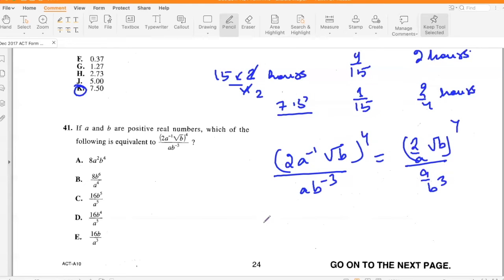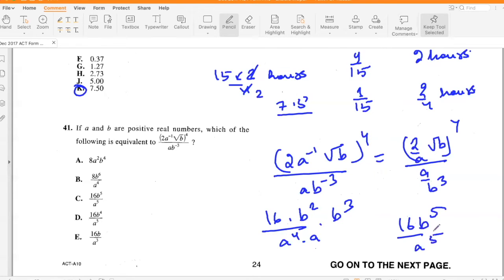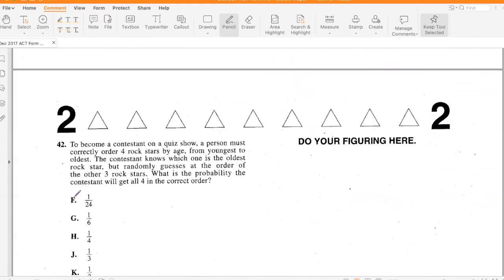So 16 B square by A to the power 4 into A times B cube, right? So 16 B to the power 5 by A to the power 5.